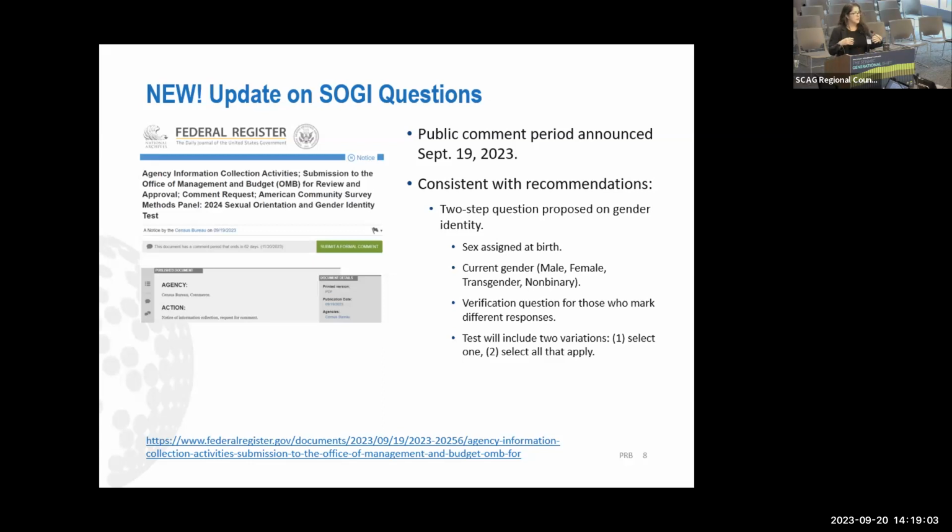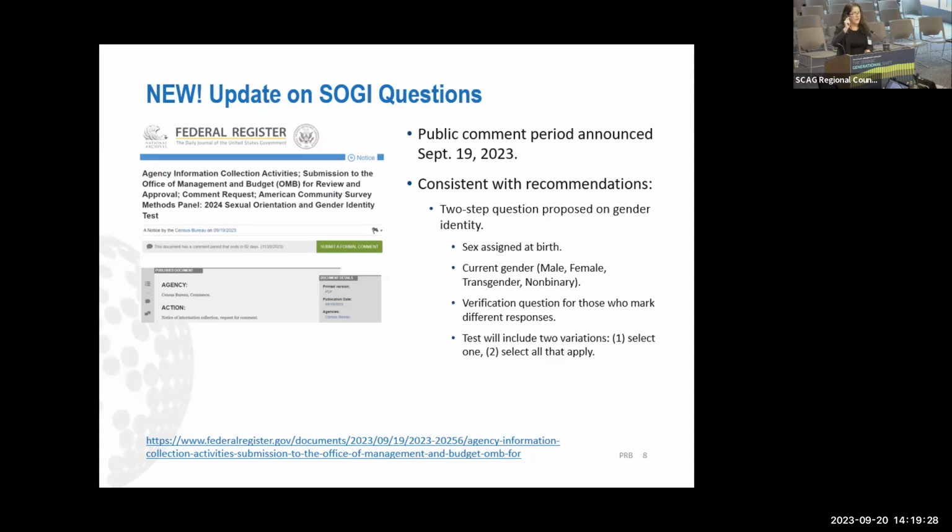The TLDR version of this is, for gender identity, they're looking at testing a two-stage question. The first question would be, what was this person's sex assigned at birth? And then the second question would be, what is this person's current gender? The response categories for that one are proposed to be male, female, transgender, and non-binary.